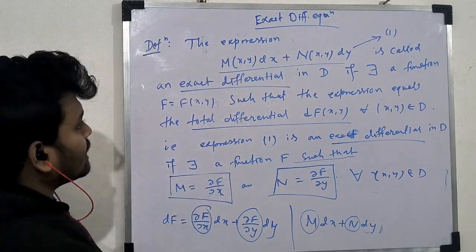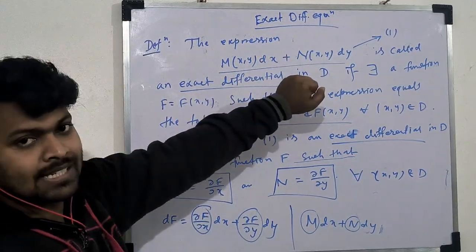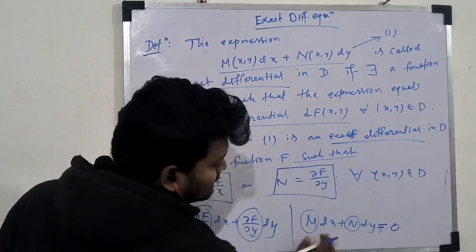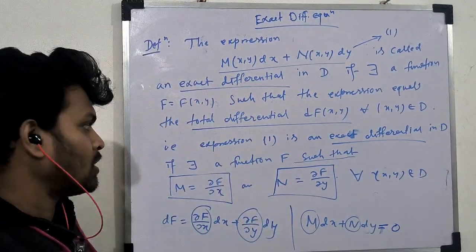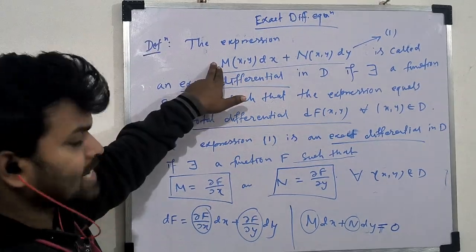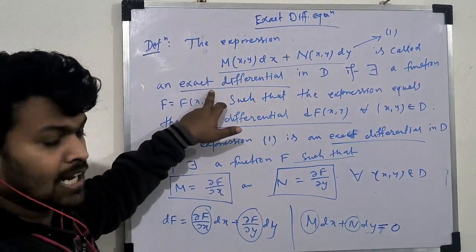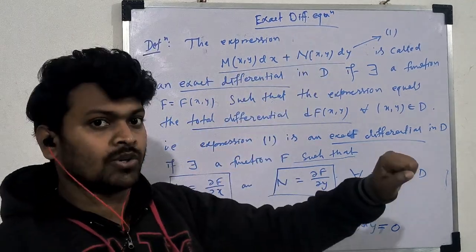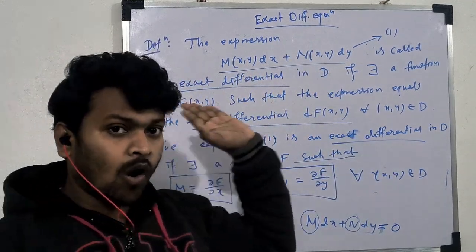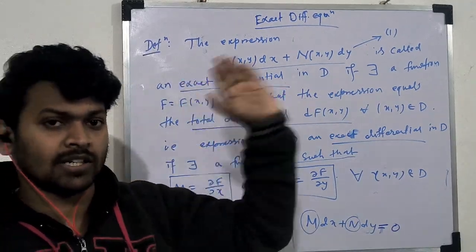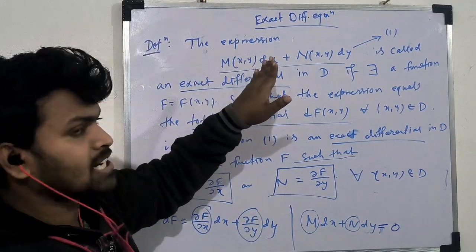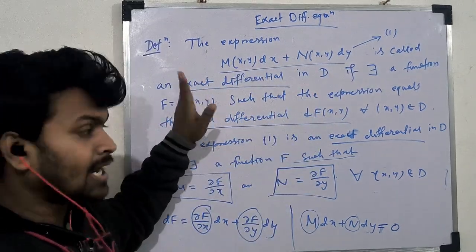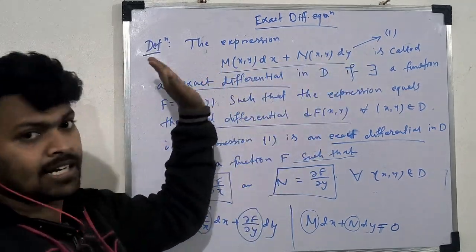Whenever this expression is exact differential, then the differential equation will be an exact differential equation. Let me repeat. If this expression is exact differential, then the differential equation, that is M dx plus N dy equal to 0, will be called an exact differential equation. So the expression is called exact differential, and when we write it equal to 0 it becomes an equation, and we call it an exact differential equation.